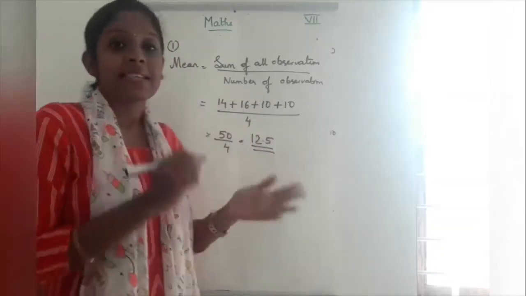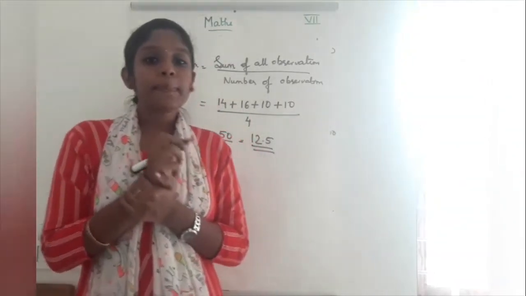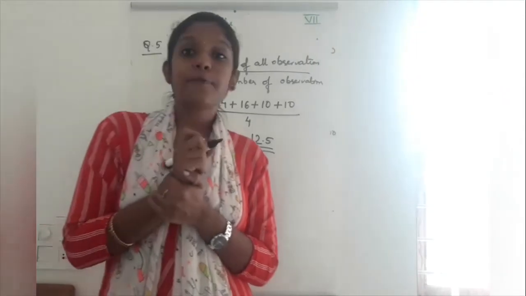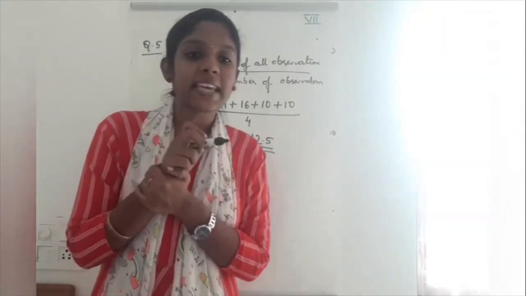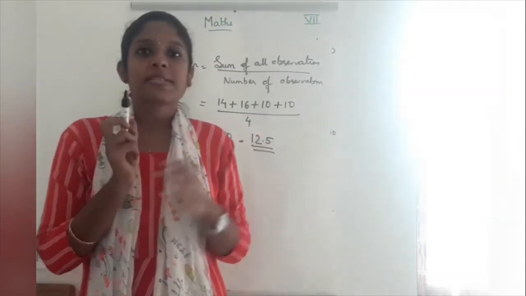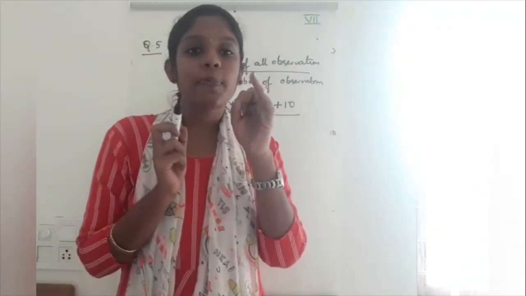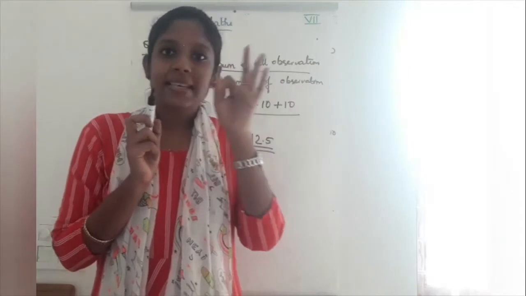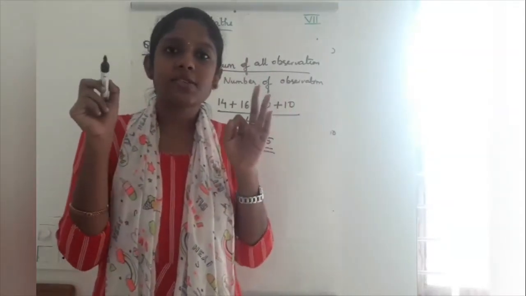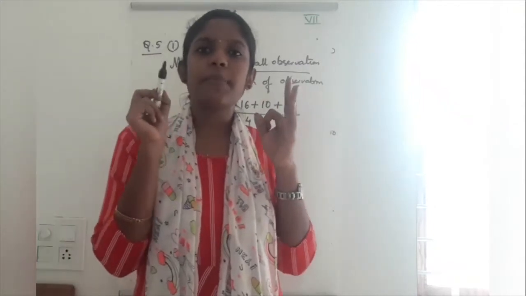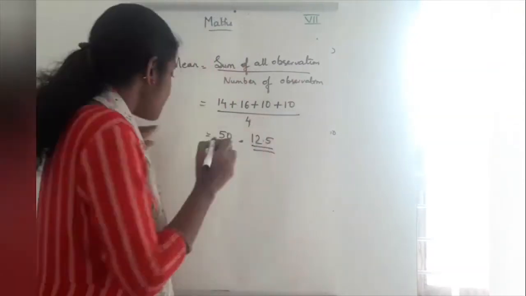This is the mean. Second question is to find the mean number of points per game for C. Would you divide the total points by 3 or 4? Why? Because C has not played game 3. C did not play game 3. So to find the mean you have to divide by 3 or 4, the number of observation.